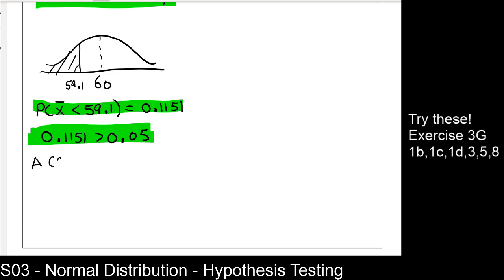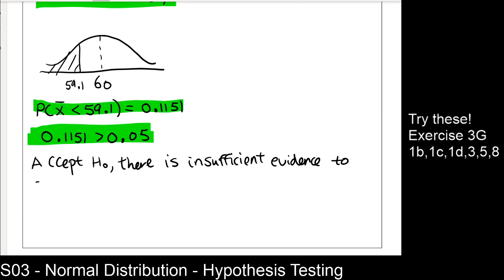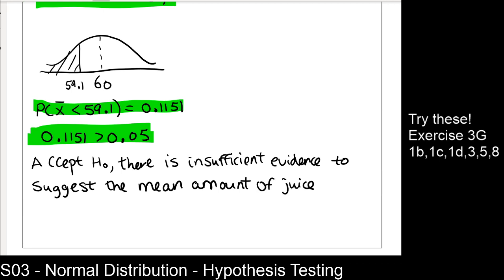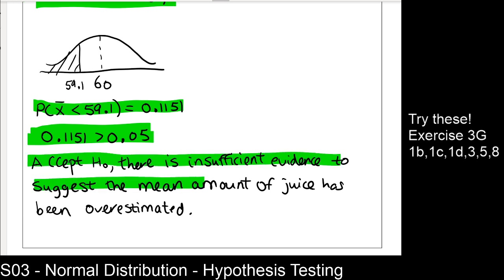So I'd just say accept H0 and say that there is insufficient evidence to suggest the mean amount of juice has been overestimated. Okay, and that is how we'd get the marks.